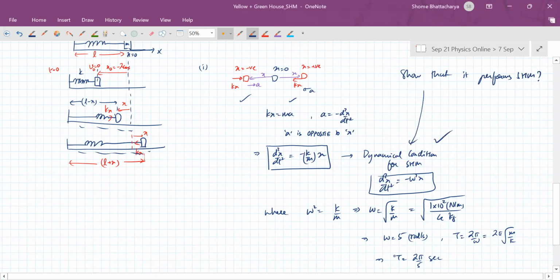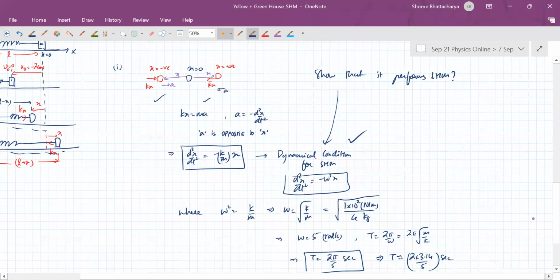So we show that and find the time period. So approximately this kind of time period.